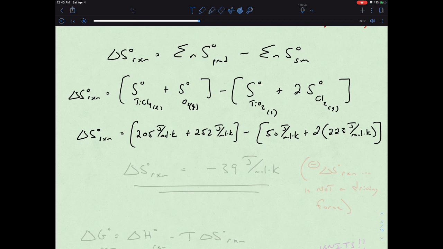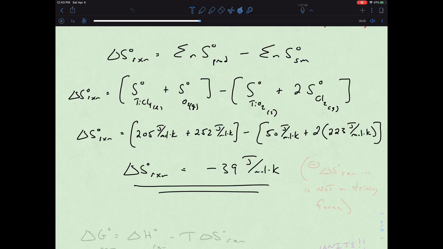So if we sum that all up, we end up with a delta S of reaction equal to negative 39 joules per mole Kelvin.